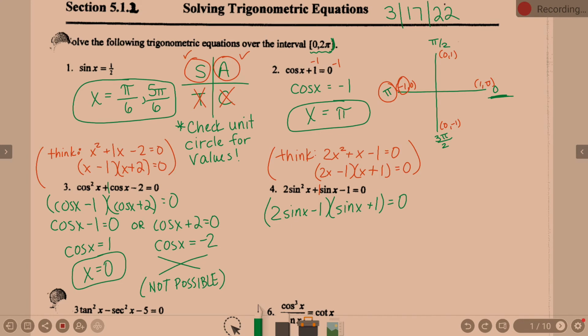Two parentheses multiplying to equal 0, we're going to set each part equal to 0. So 2 sine x minus 1 equals 0, or sine x plus 1 equals 0.